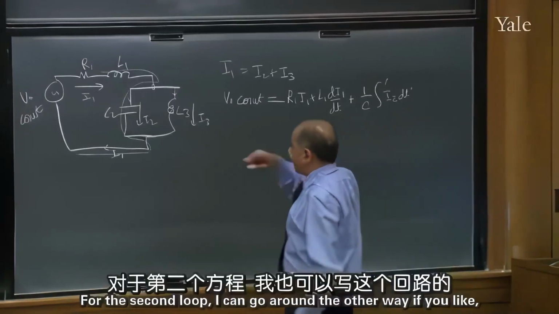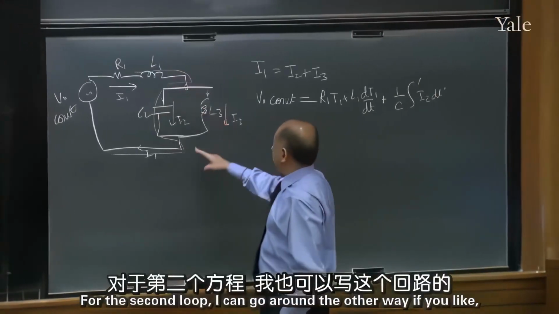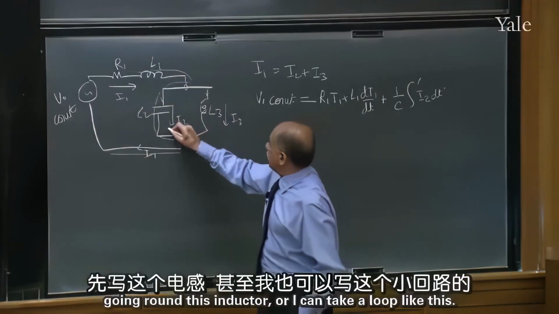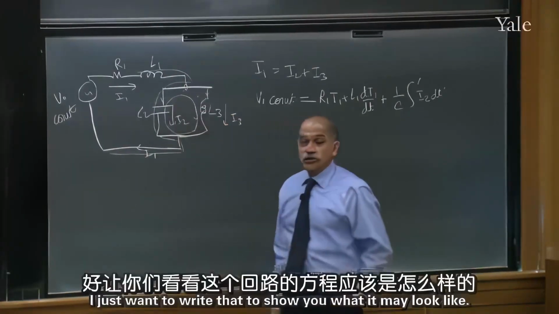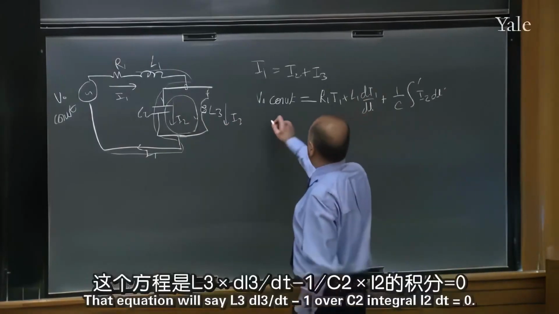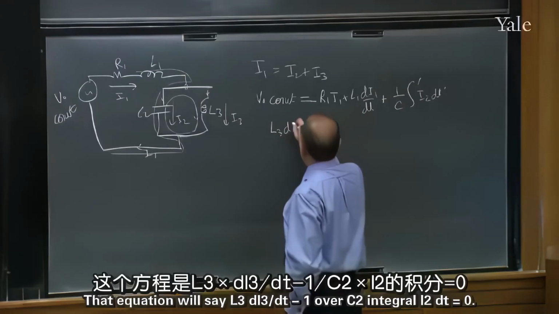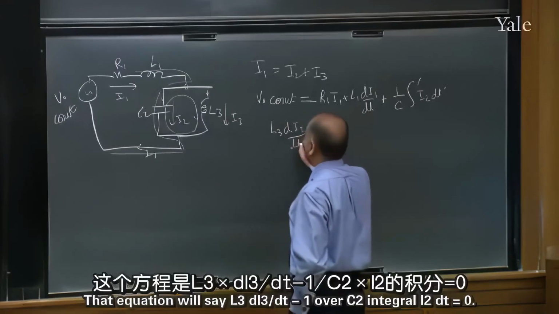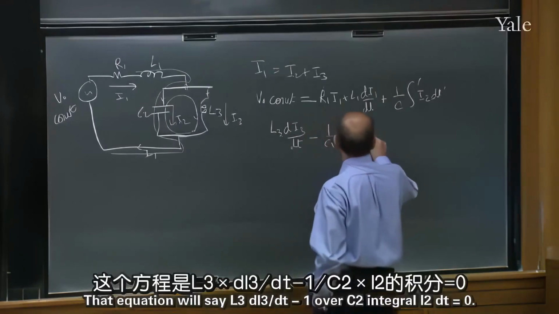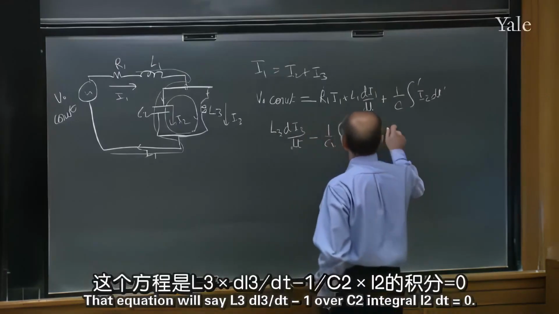For the second loop, I can go around the other way if you like, going around this inductor, or I can take a loop like this. I just want to write that to show you what it may look like. That equation will say L3 dI3/dt minus 1 over C2 integral of I2 dt is equal to 0.